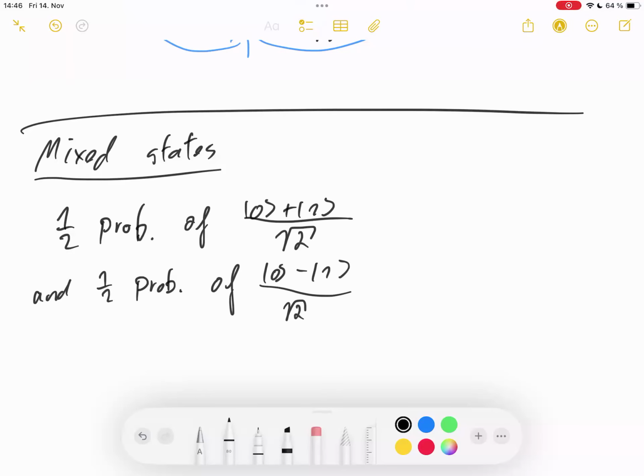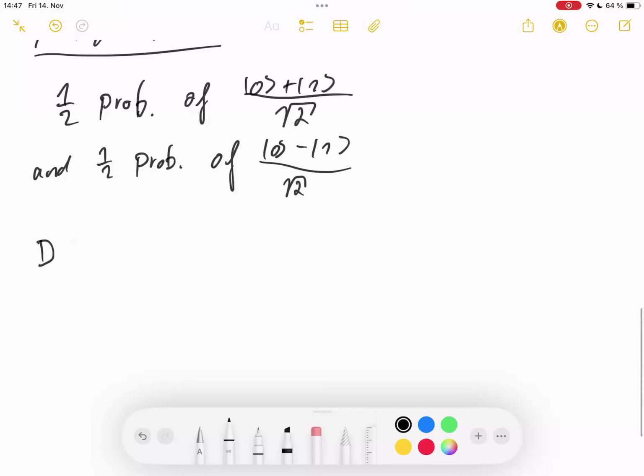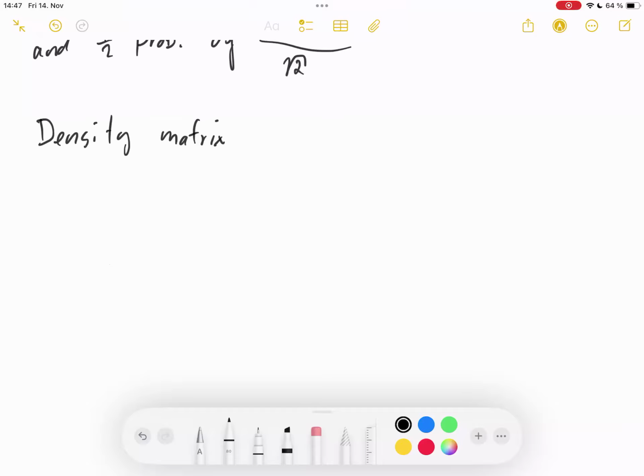Something that is key here is a so-called density matrix to describe this. And a density matrix can be derived the following way.